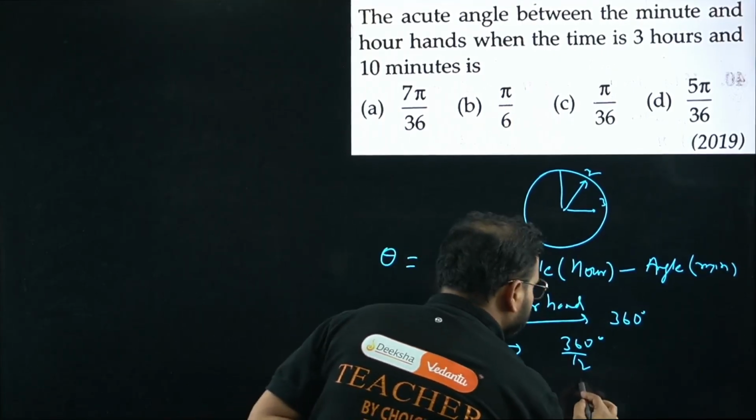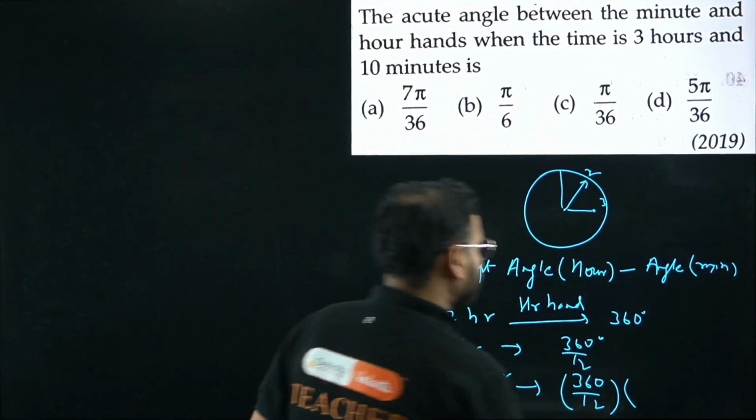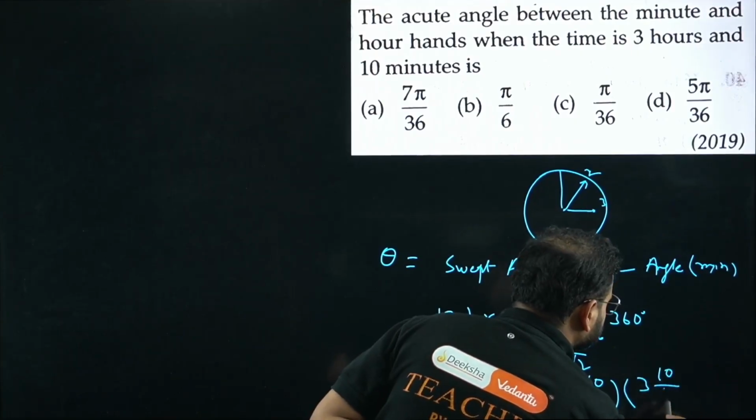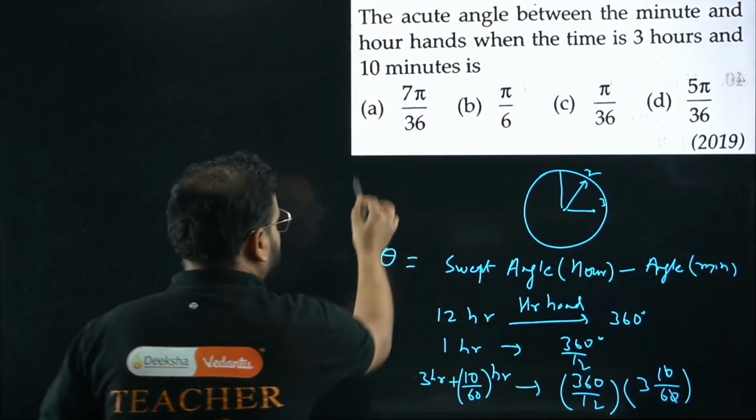This whole thing will become 360 by 12 into this fraction. What is that fraction? 3 plus 10 by 60. Calculation is there. Please check.